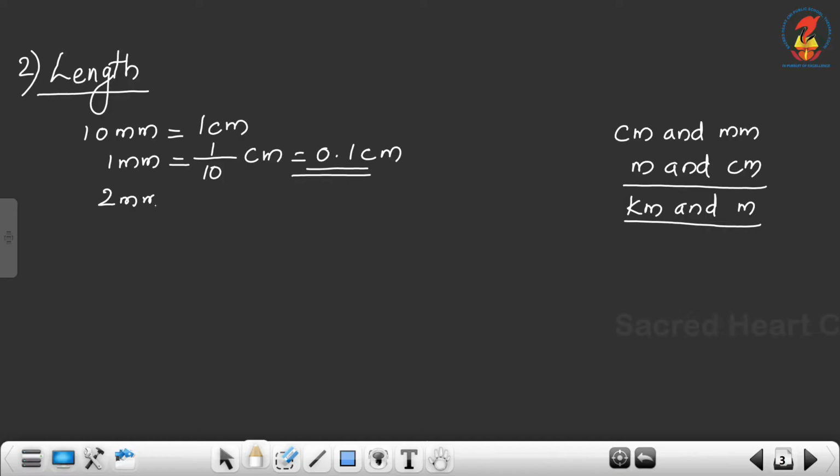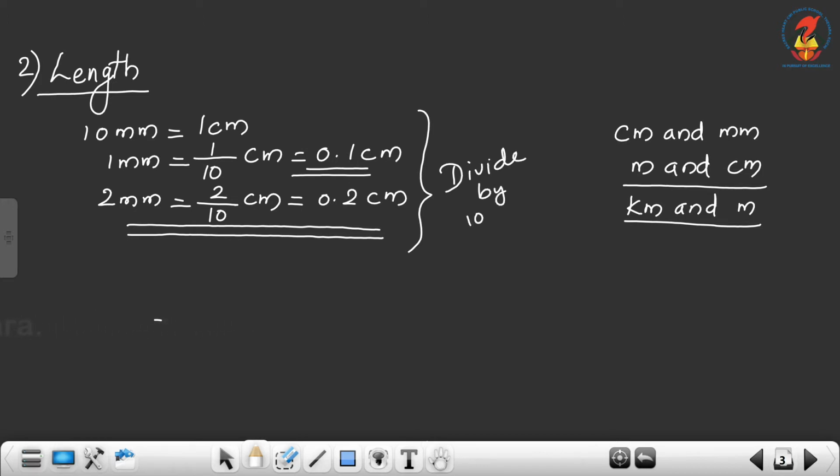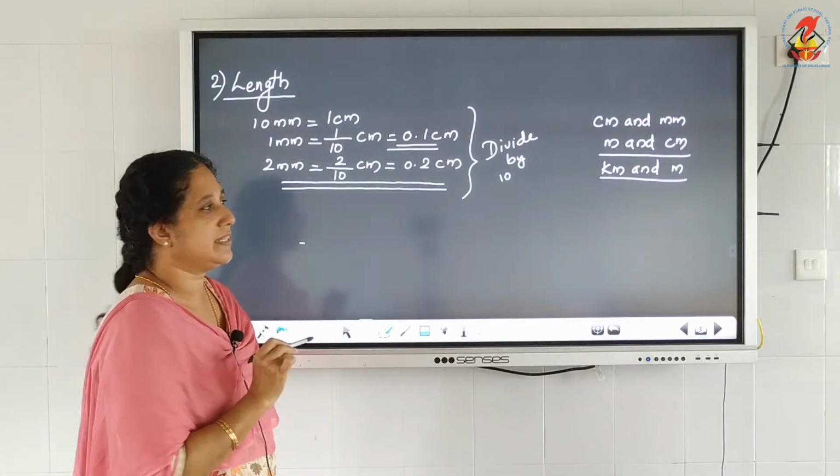Similarly, 2 millimeter means 2 by 10 centimeter, which is equal to 0.2 centimeter. So in order to convert millimeter to centimeter, you have to divide by 10.